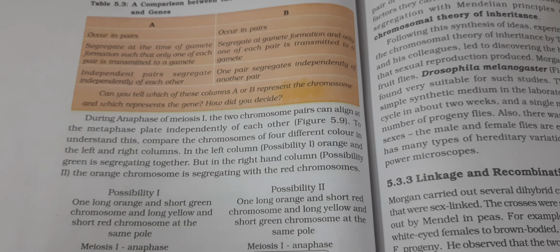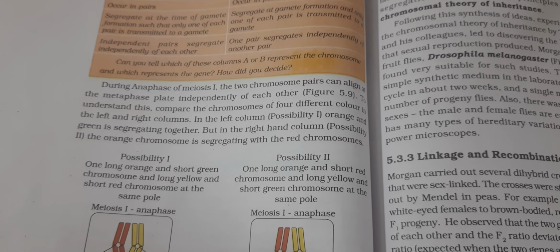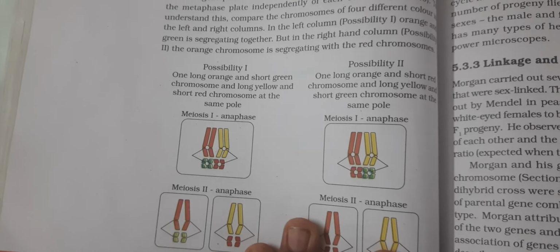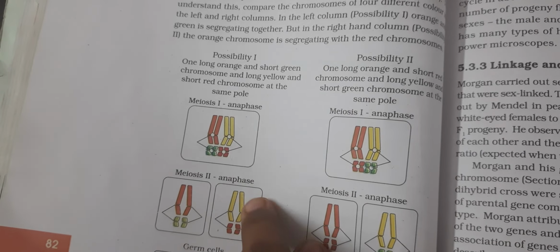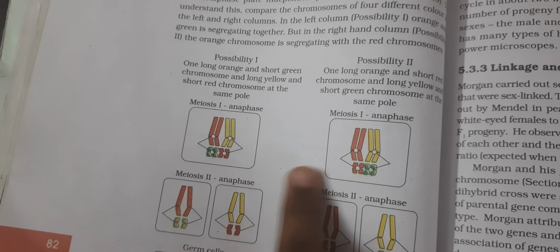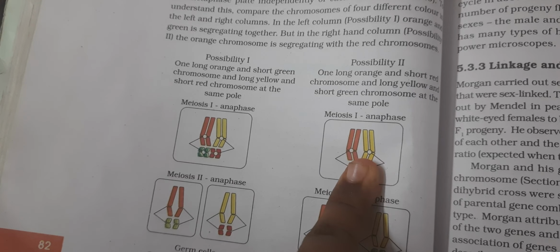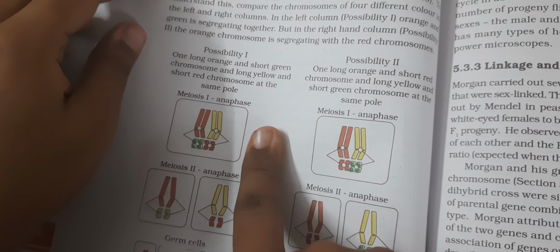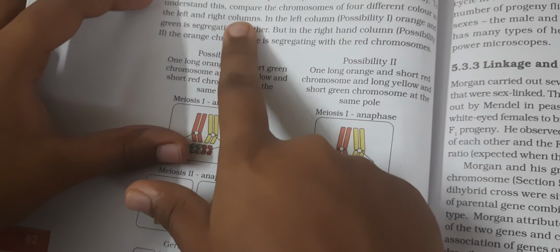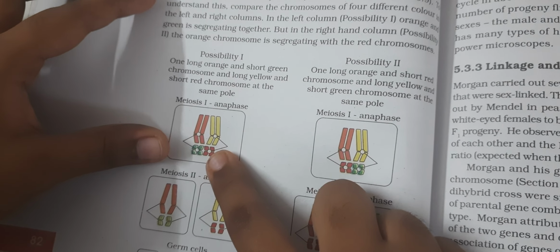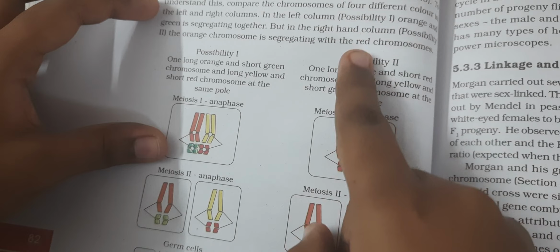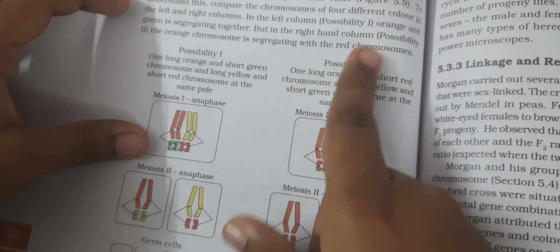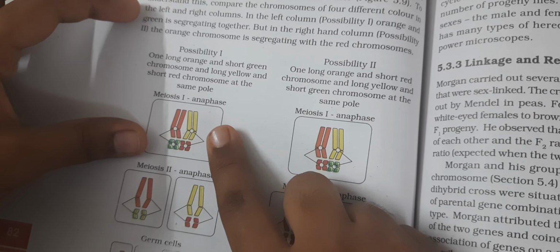During anaphase of meiosis 1, the 2 chromosome pairs can align at the metaphase plate independently of each other.